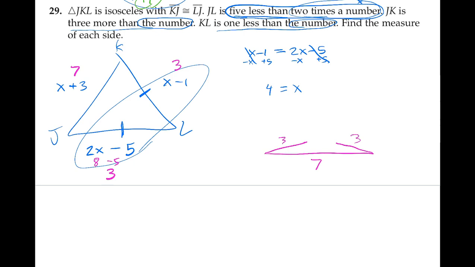Imagine the river is 7 wide and you have 2 boards that are of length 3. That's not enough to get across that river. So this is an impossible triangle, and the correct answer here would be no solution. But I'm guessing the book said the answers are 3, 3, and 7. We're going to investigate in the future why it's not actually possible to create a triangle with those values.